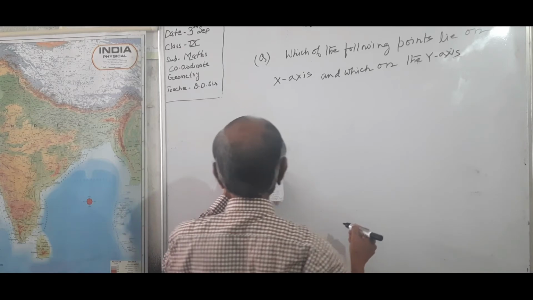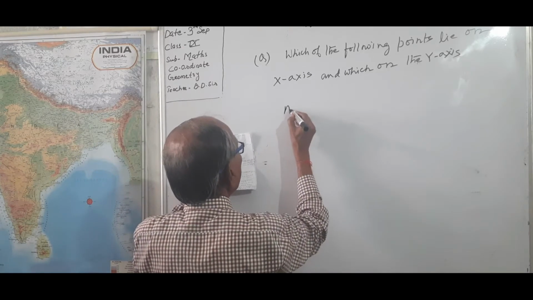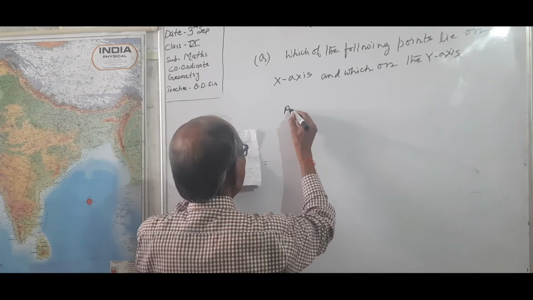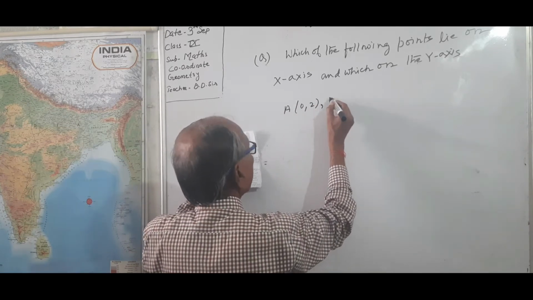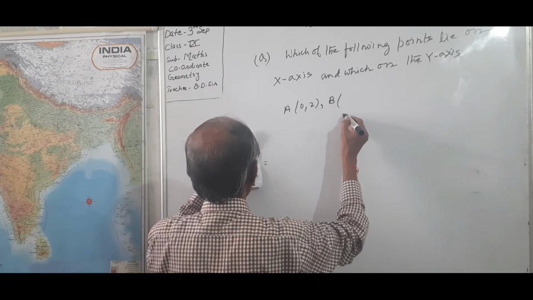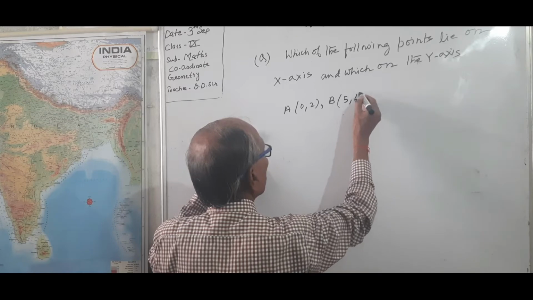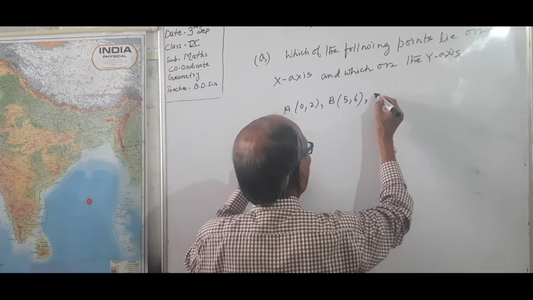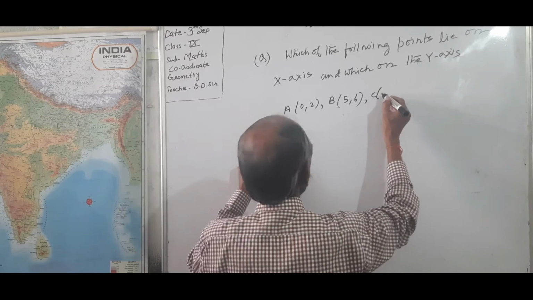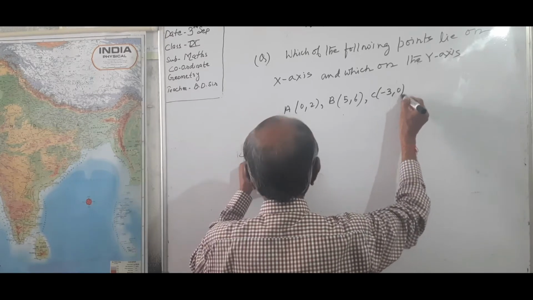Points are given. There is a point A whose coordinate is (0, 2). There is a point B whose coordinate is (5, 6). In the same way, another point C whose coordinate is (-3, 0).